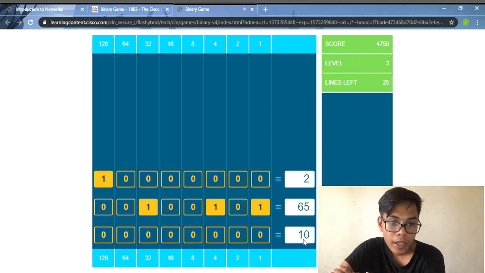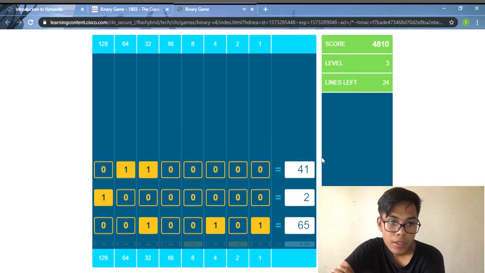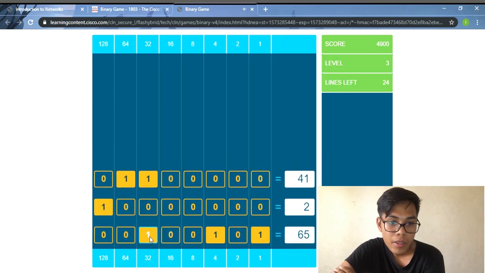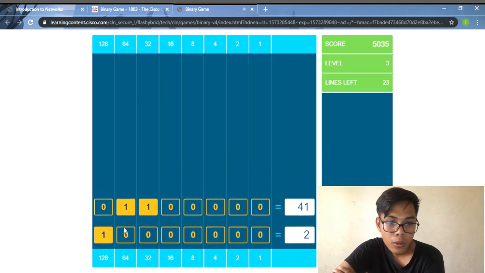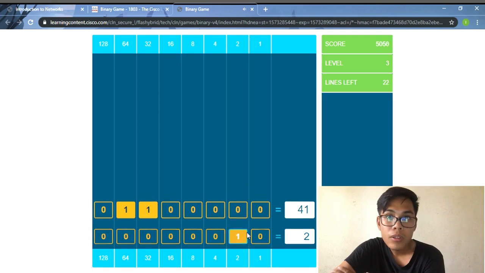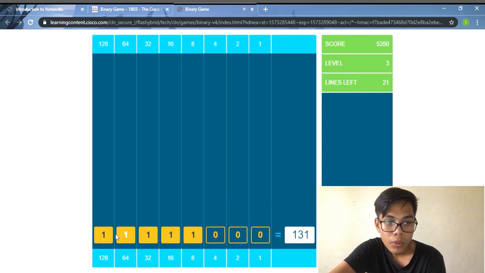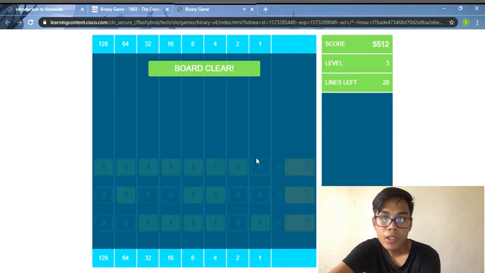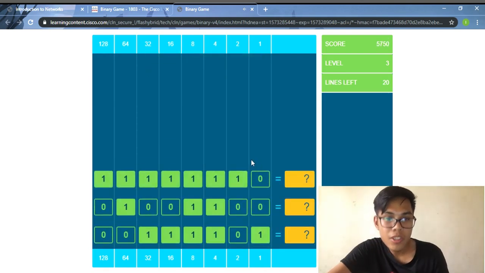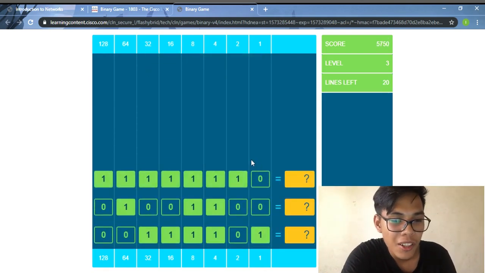Oh, we need 10, this is this and this. So 65 is 64 and 1. 2 is this 2. 41 is this. 131. We need 3 more, so 2 plus 3. Board clear again. This is kinda hard again.